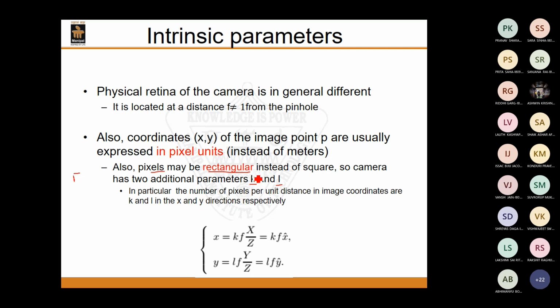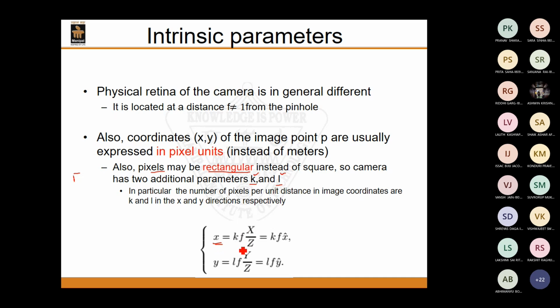So if we have such two parameters that represent how much the distance is, then I can write x is equal to kf x by z. So here remember that I'm not talking about the normalized case. This is the unnormalized coordinate here. So I can write it as x is equal to kf, where f is equivalent to the d.